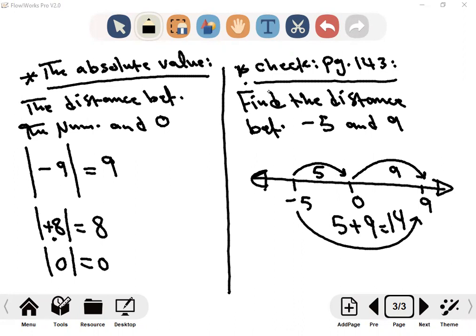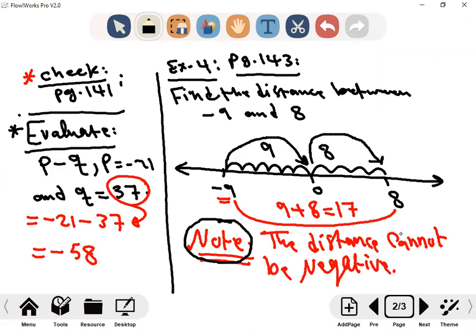Yes, mister. I don't understand the absolute value. The absolute value of any number, Omar, is what? The distance between the number and what? 0. And the distance cannot be what? Negative.